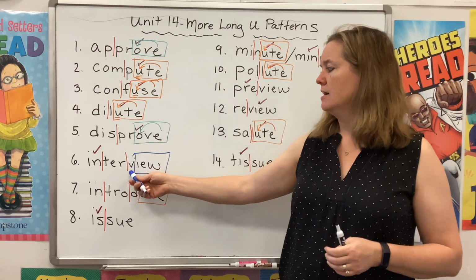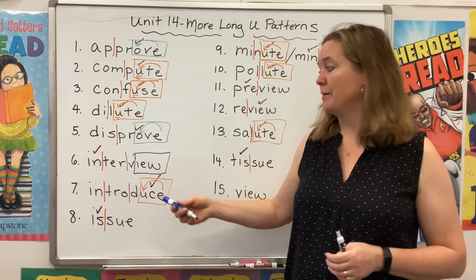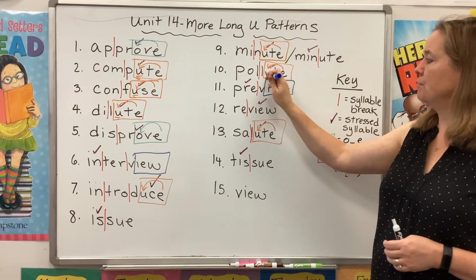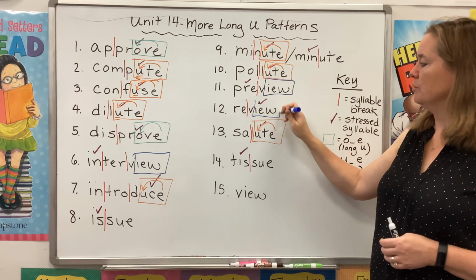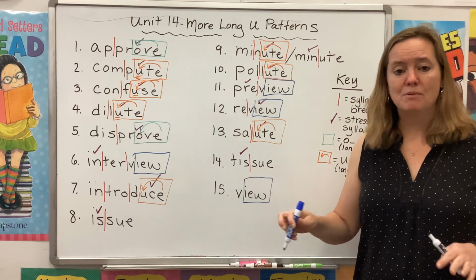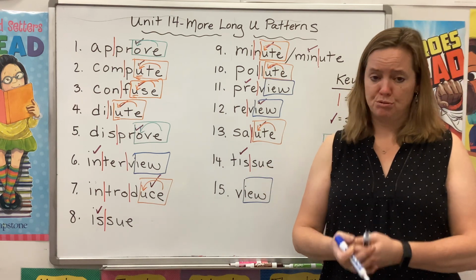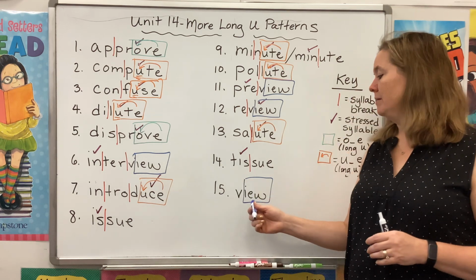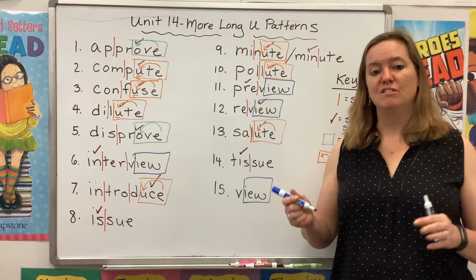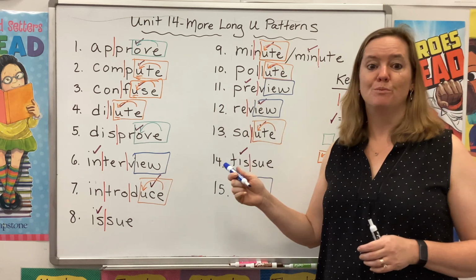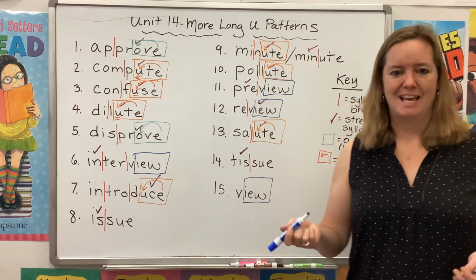This is interview, view, okay? You see it there. You see it in preview, review, and view. So remember I said learn how to spell prove, and then you can spell approve and disprove. Well, learn how to spell view, and then interview, preview, and review will be a piece of cake.